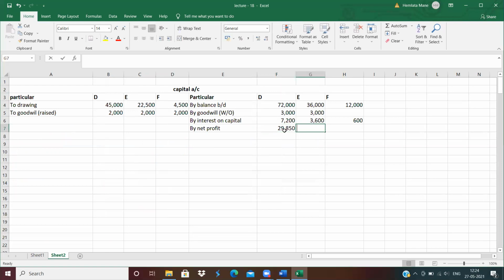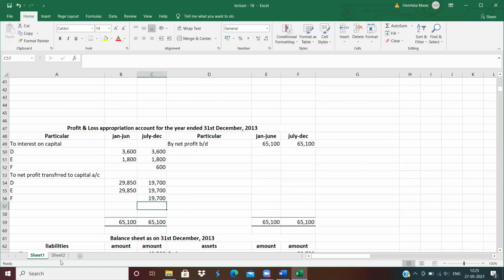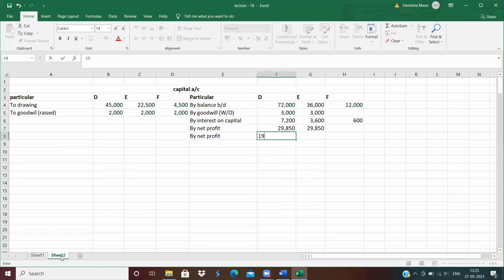After 6 months also by net profit. See, after 6 months, 29,700.